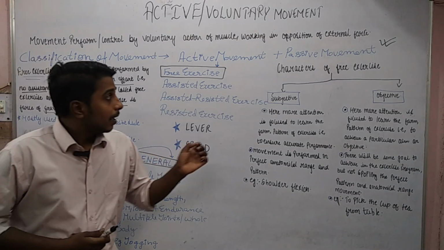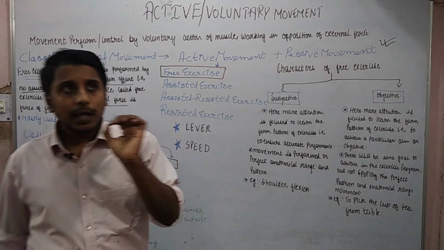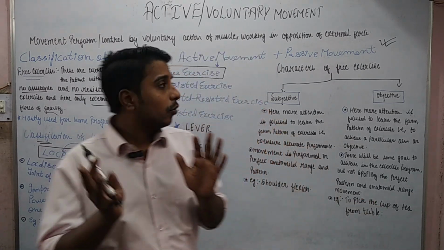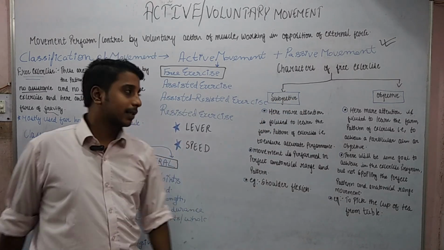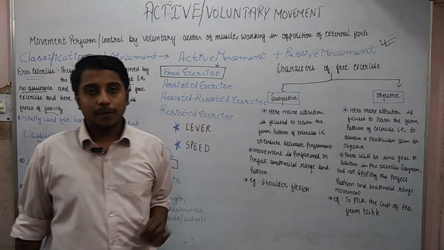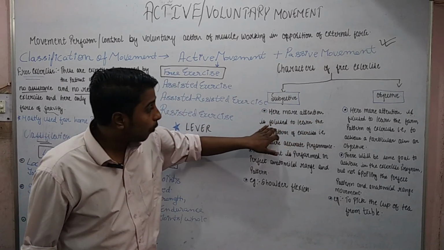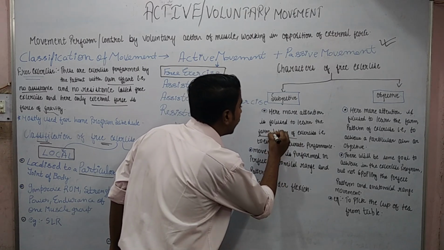Now, the character of free exercise. In our clinicals, you need to focus on two things: what is subjective and what is objective of exercise. In subjective, I have written here, more attention is focused to learn the form or the pattern of movement.